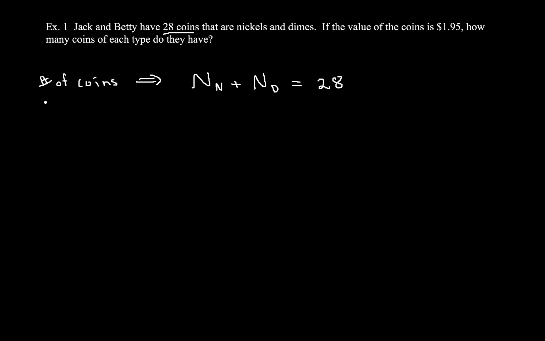The next one is going to be our value equation. This one's just going to be the value of the coins, nothing to do with the number. So we have to assign a value for them. Nickels are worth 5 cents each. So we can move our decimal points over.